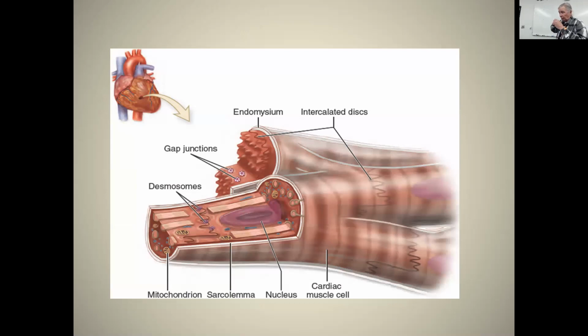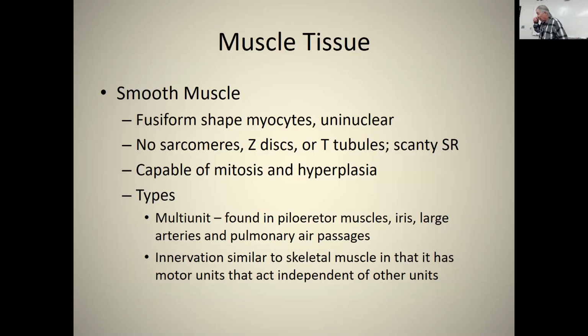Desmosomes are like spot welds that hold the heart muscle cells together when they're contracting, and the gap junctions, which again allow electrical communication directly between cells. And like I said, they have lots and lots of mitochondria because they're very aerobic.